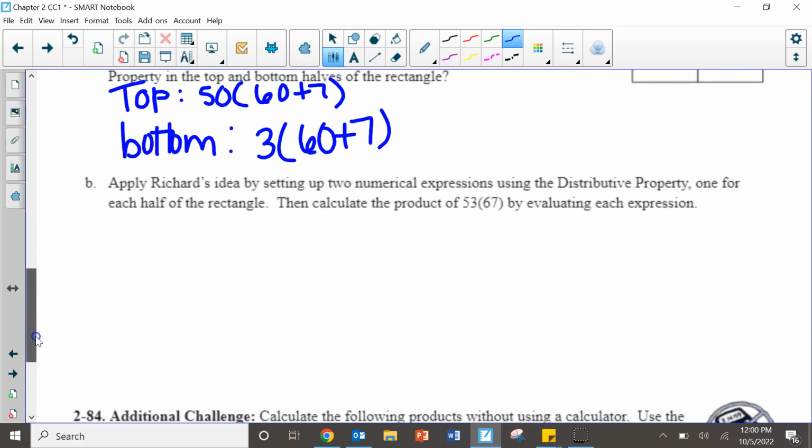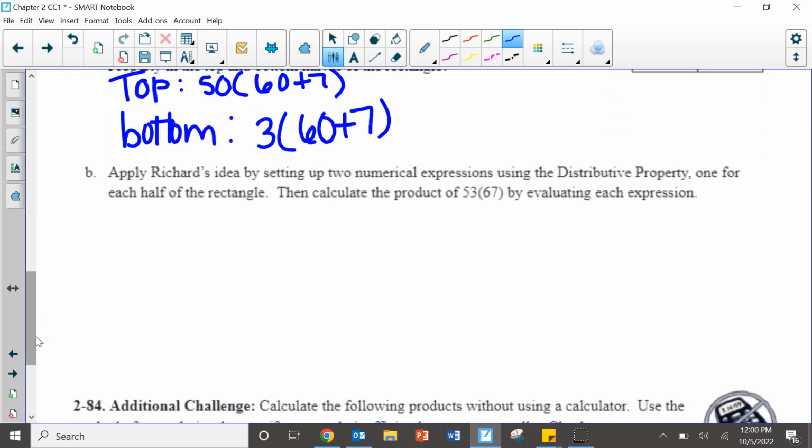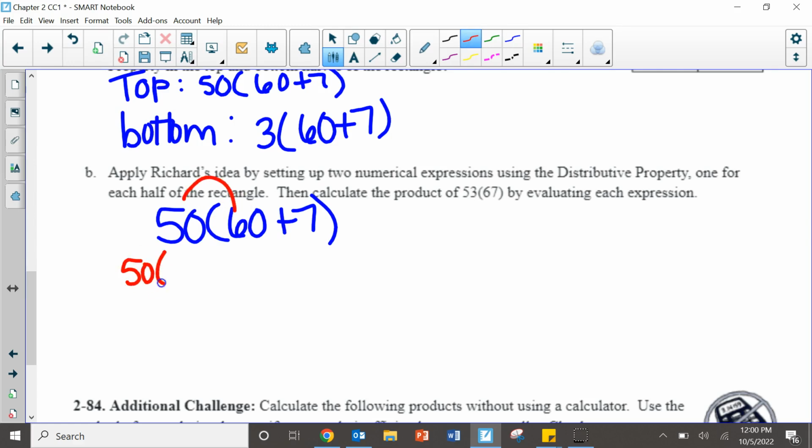So it says, apply Richard's idea by setting up two numerical expressions using the distributive property, one for each half of the rectangle. What we just did up top on the A. So for the top piece, we have 50 times 60 plus 7, because that's what it's showing. Let's distribute: 50 times 60 plus 50 times 7.